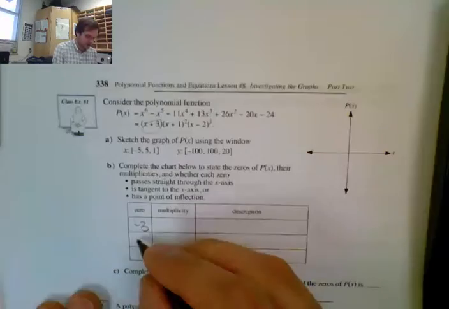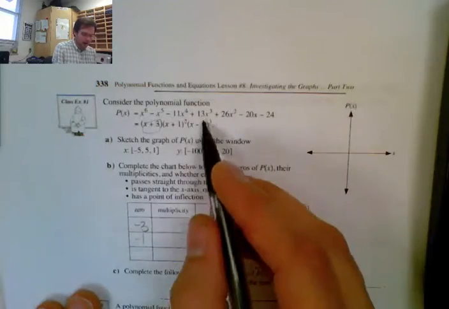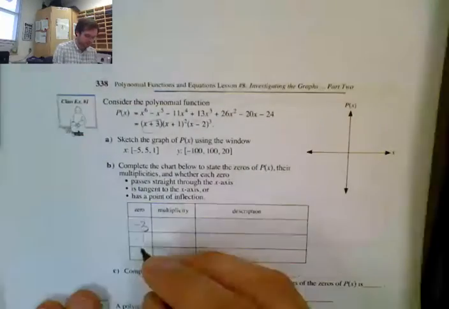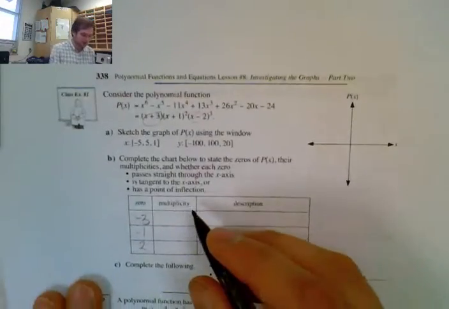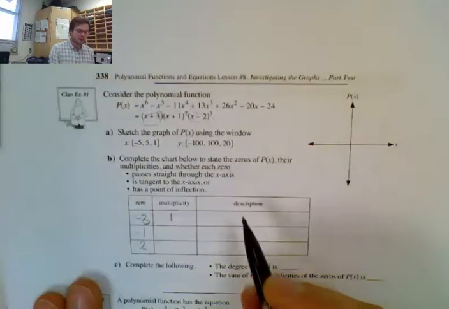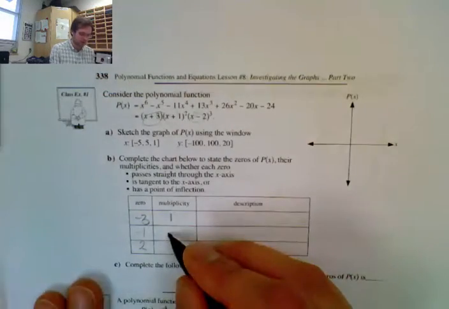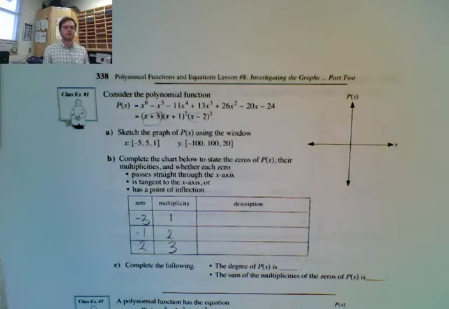And then we have another zero at positive 2, which is right here on my graph. So the first one is of multiplicity 1, because there's only one exponent there. The next one here is of multiplicity 2. The x plus 1 has multiplicity 2. And this next one has multiplicity 3.